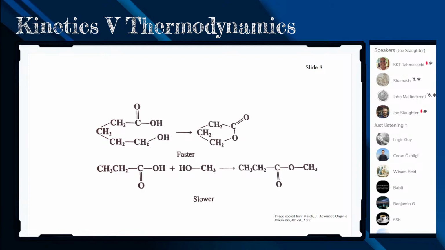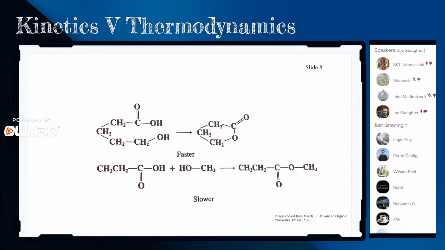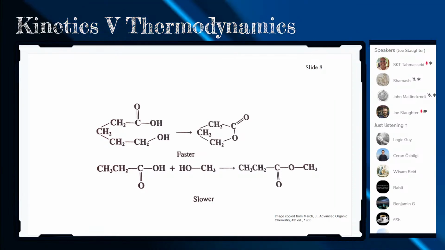The carboxylic acid on the left is reacting with an alcohol, and the product is an ester. This is a condensation reaction, as we talked about. The other product of this reaction is water, and it's condensation because it eliminates water.